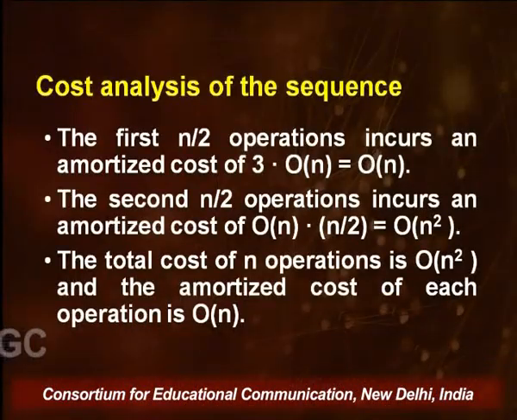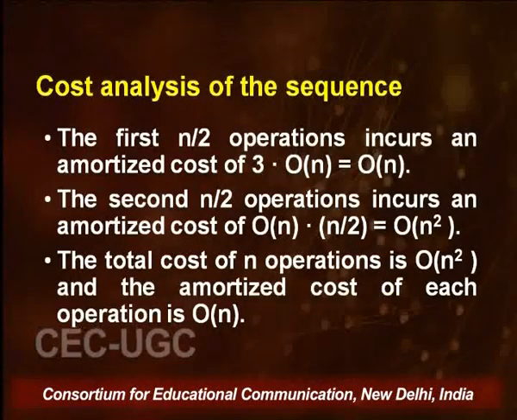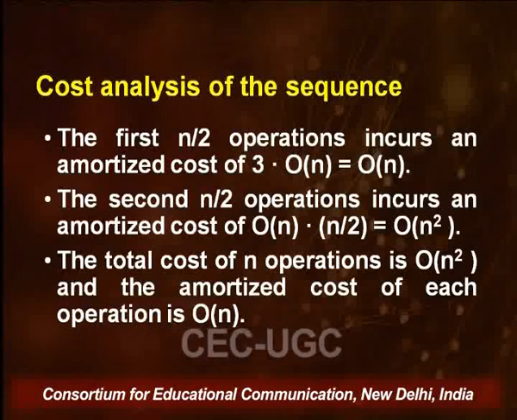And if we come to the cost analysis of this sequence, it is going to be a very costly sequence, because the first n by 2 operations are just insert operations, as I told you. The amortized cost of insert is 3 for n operations.